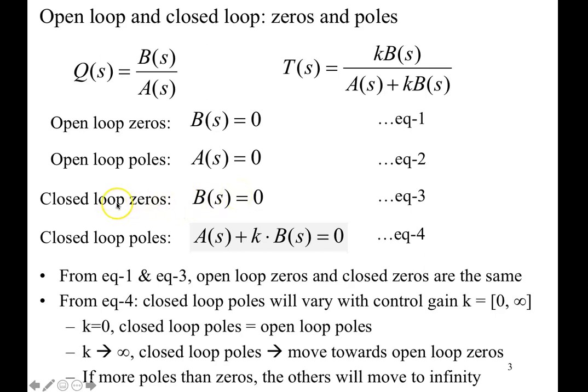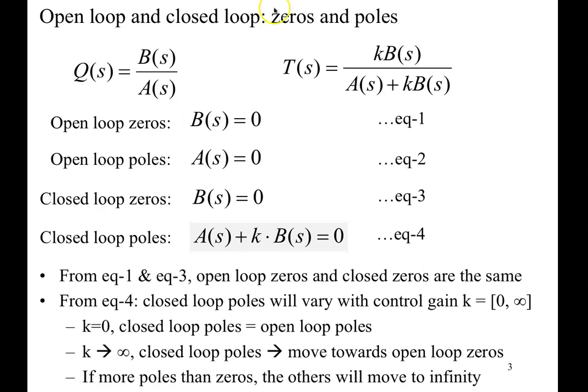So what we have here is a situation where the closed loop zeros will be the same as open loop zeros. So this particular design method, looking at single control gain, does not change zeros. The closed loop zeros will be the same as open loop zeros.